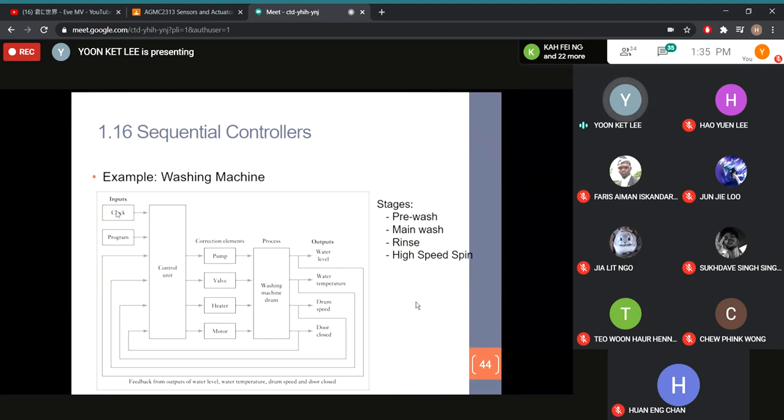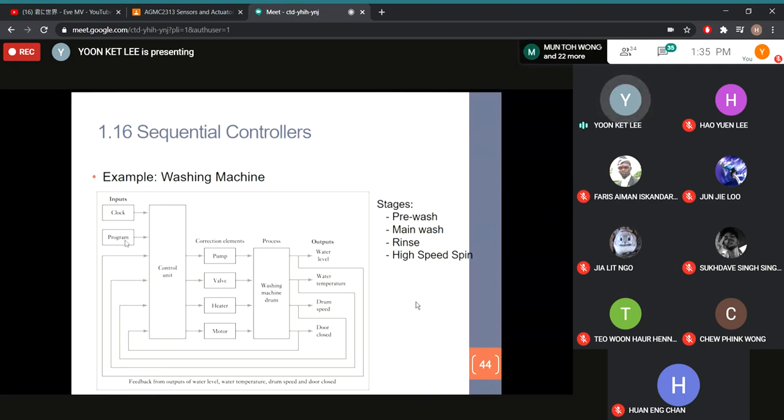That means how long you want to wash for your machine, so you need to let the control unit know. For example, maybe I want a 50 minute wash. This is your input, you put it in, then the controller will do the functions.